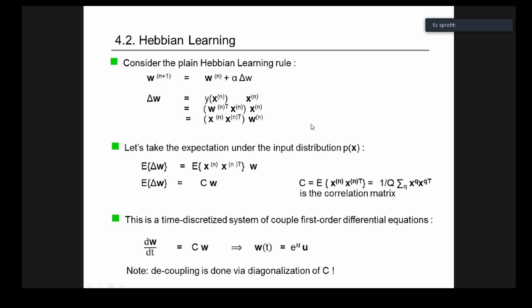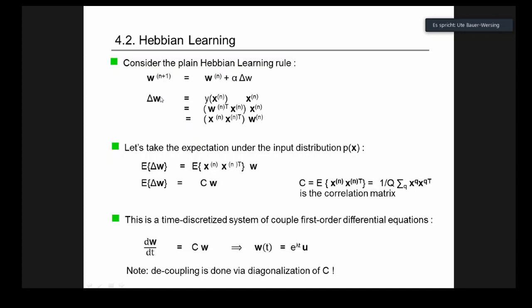Okay. When you look at this X times X transpose, you probably recognize that this is going to be a matrix, and here is the weight vector.